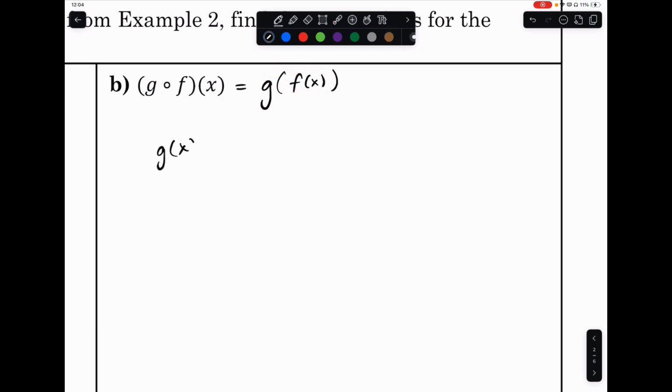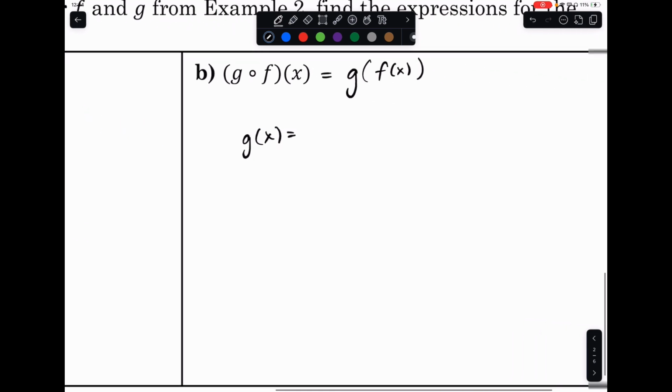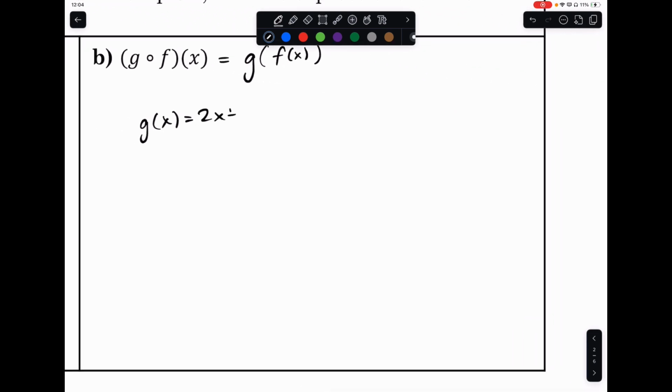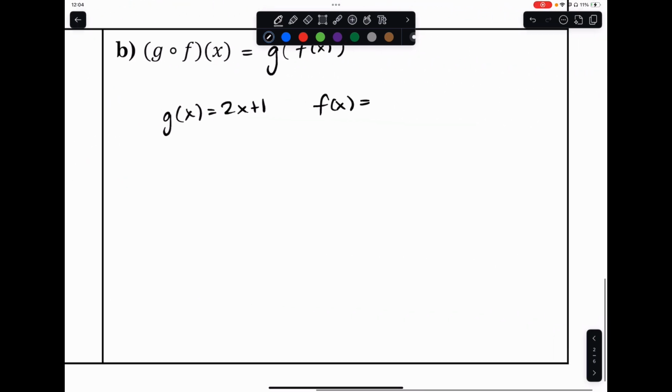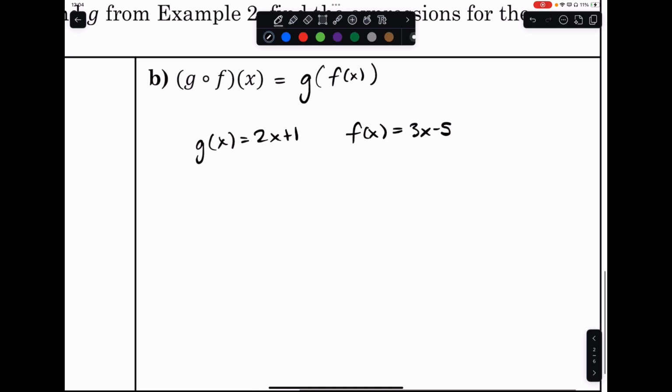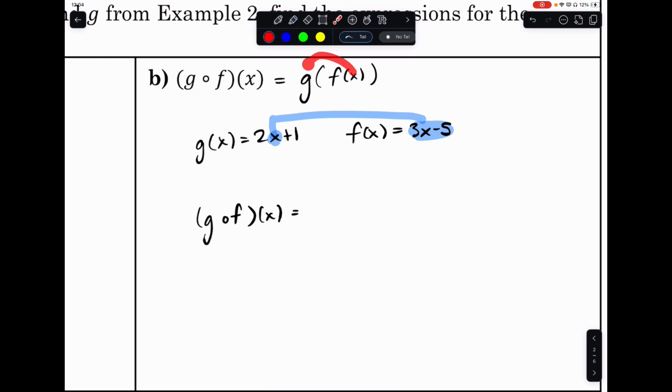With g of x being 2x plus 1, and f of x being 3x minus 5, g of f of x is going to equal the result of getting this function here and plugging it into the x of the outside function. So we're going from inside out.